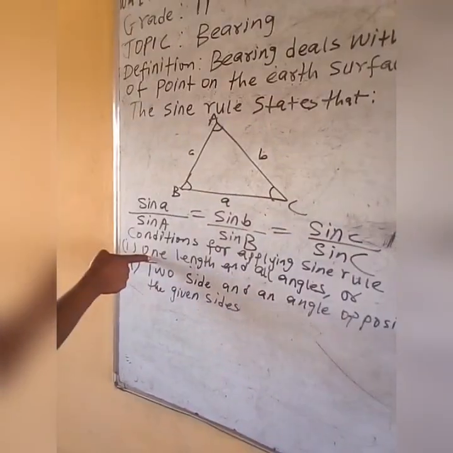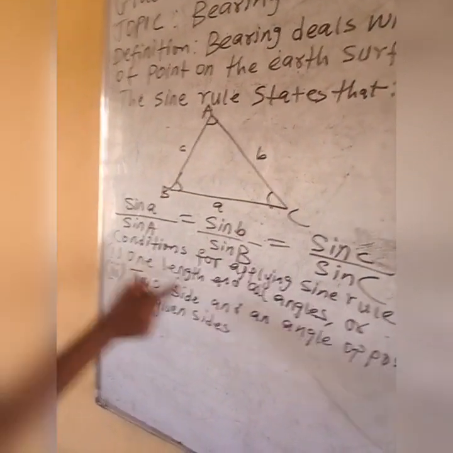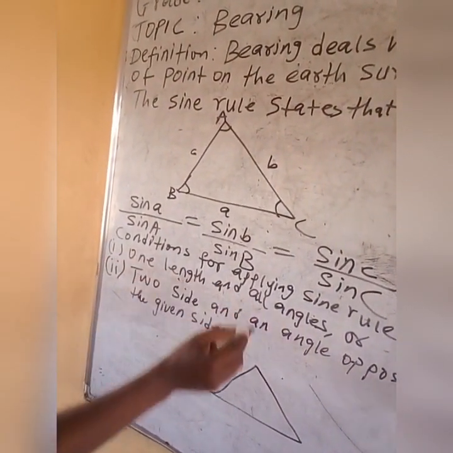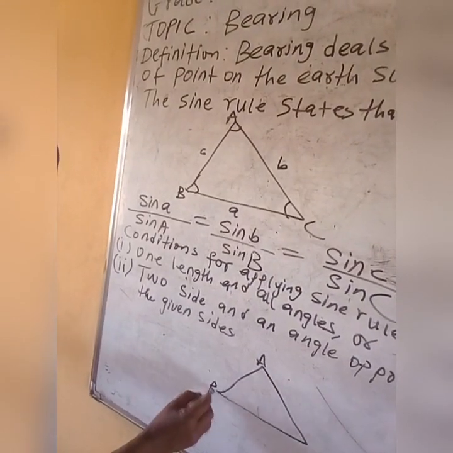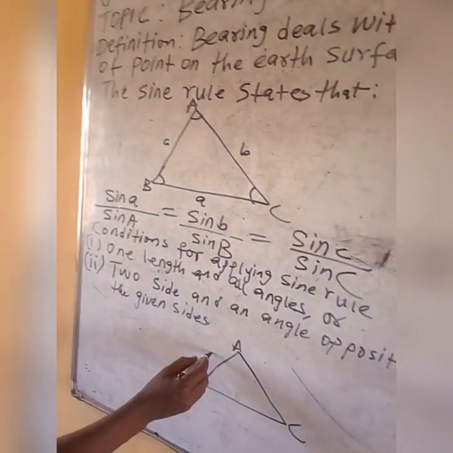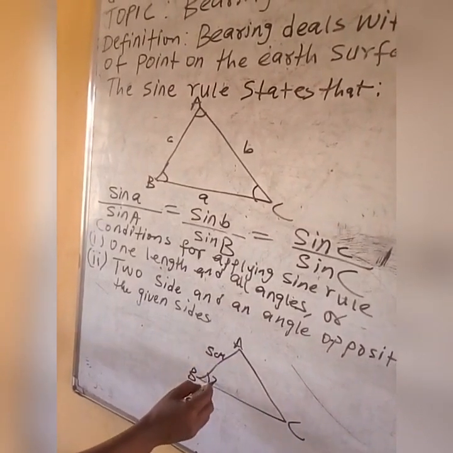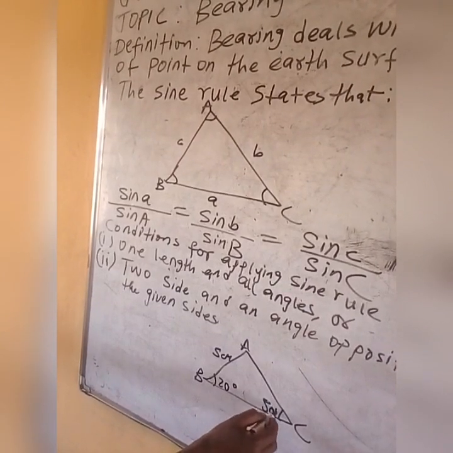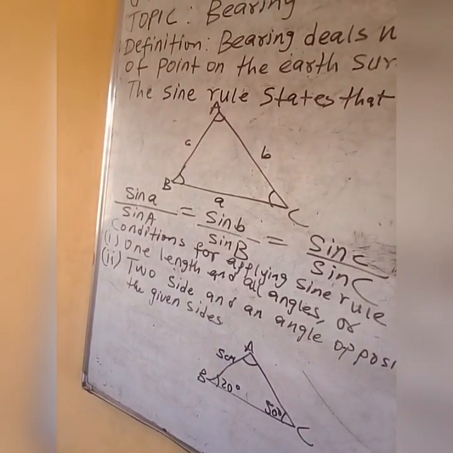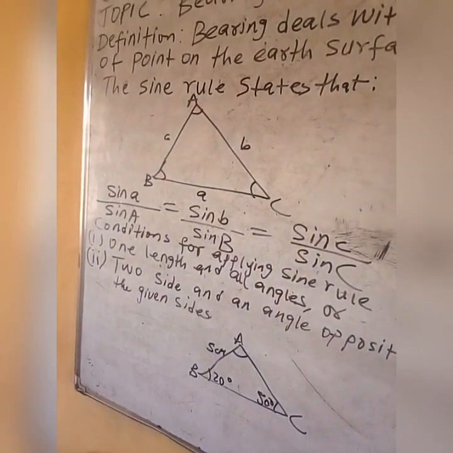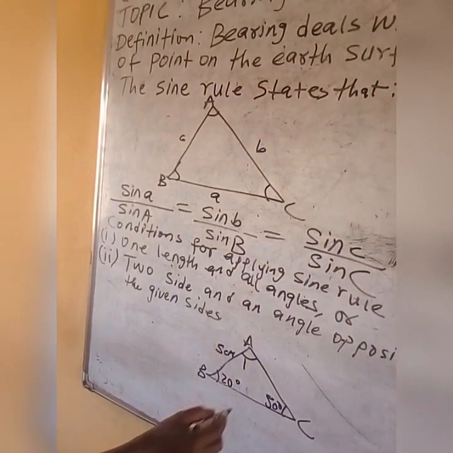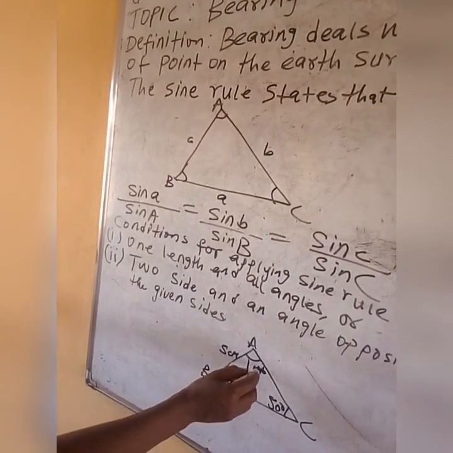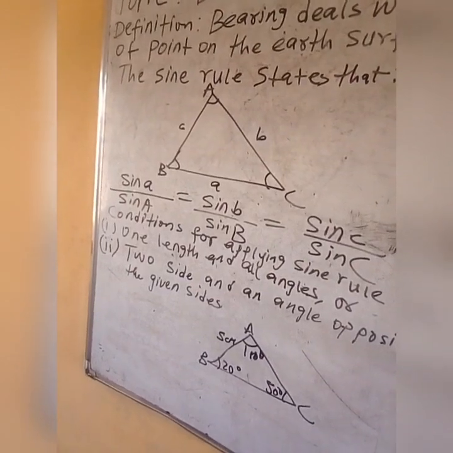Now, let me show you with an example, but not the real example. For the first condition, one length and all the angles: like for instance, this is A, B, C. One length, maybe here is given 5 cm, then here is 20 degrees, here maybe 50 degrees, and here is 110 degrees.